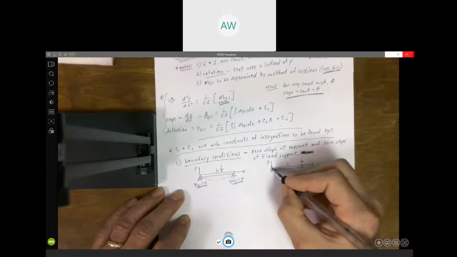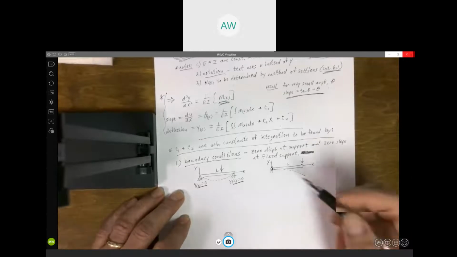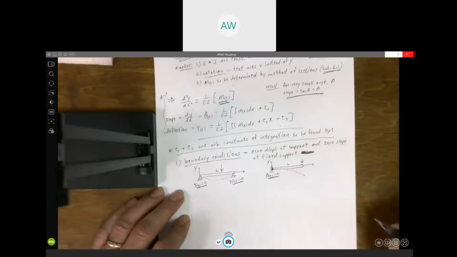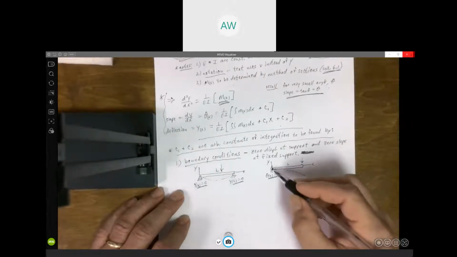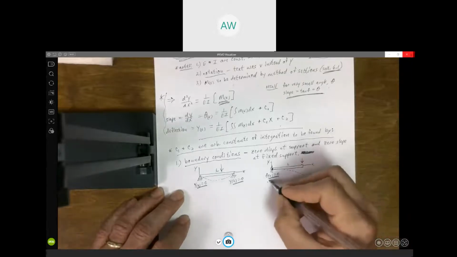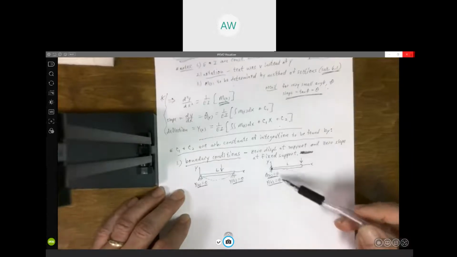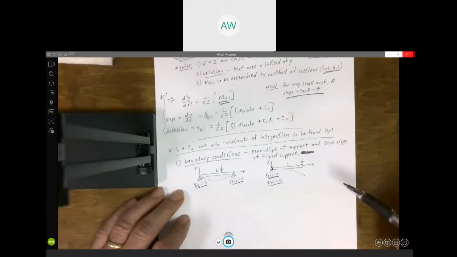But what I know here, when x is 0, it's fixed. It can't rotate. So right at that end, when x is 0, the angle theta is also 0 there. And that's not 0 out here at this end. It's bent. But right there at that fixed support, it can't rotate. So right at the end, the angle's 0. And we also know it can't move up or down there. So we know when x is 0, y is 0. So there's two boundary conditions. We can plug in those known values up here in our two equations and solve for those constants.